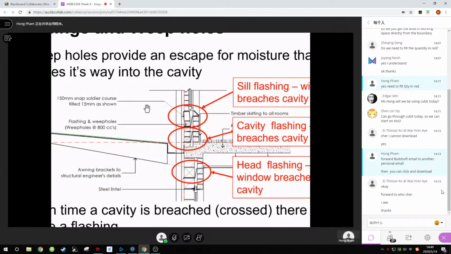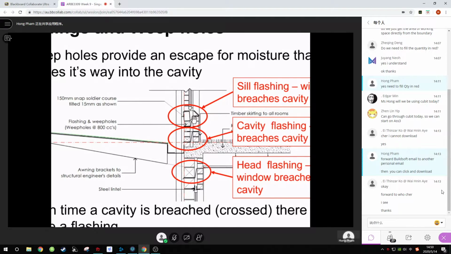So there's a chance there will be some leakage, and the water will go inside the cavity of this wall. And this is how we manage the water. We let the water go inside first, and we slowly let the water out via the weep hole.